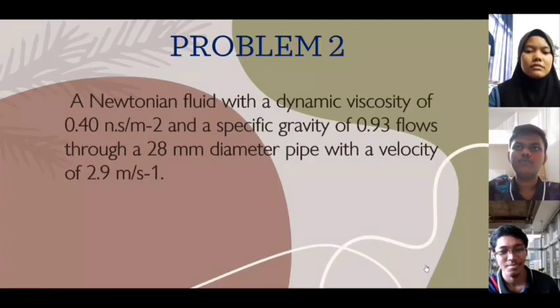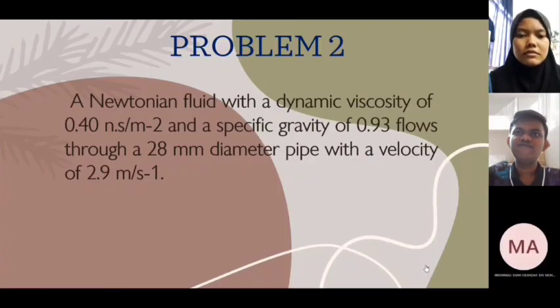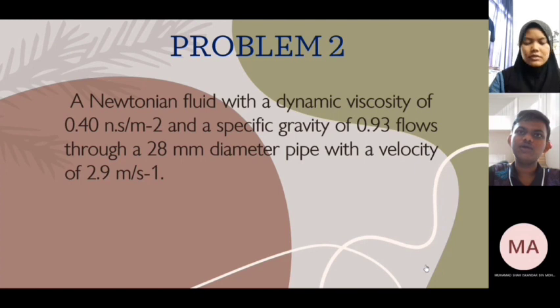Okay, I want to go to problem 2. The Newtonian fluid with a dynamic viscosity of 0.14 Newton second per meter square and a specific gravity of 0.96 flows through a 28 millimeter diameter pipe with a velocity of 2.9 meters per second.